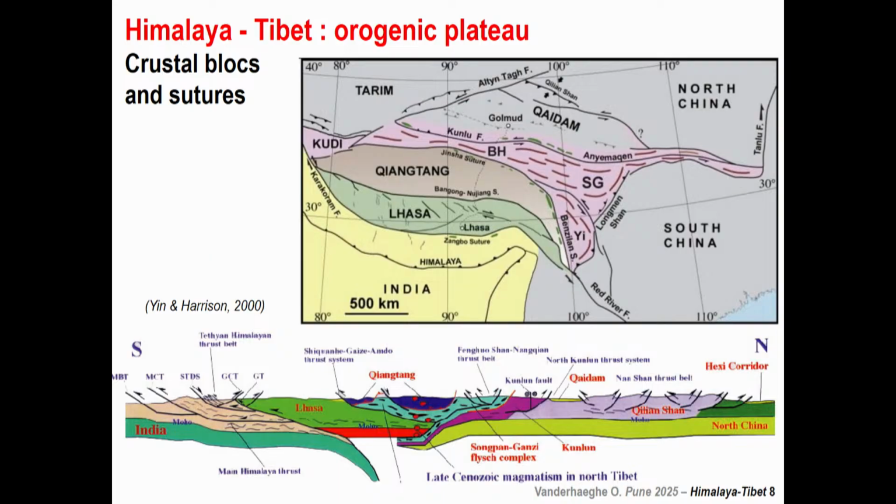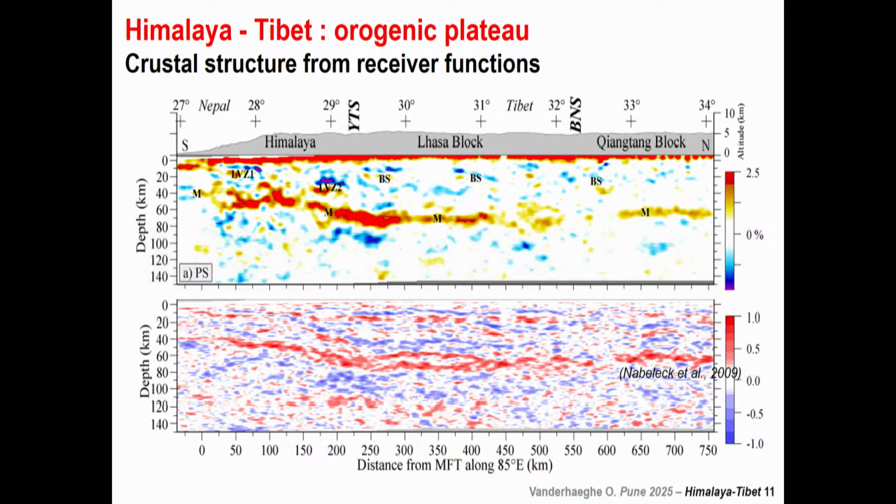You don't see such things. As soon as you reach Tibet, pretty much everything is flat, according to geophysics. So you don't see these structures that go all the way down from surface to the lithosphere, again, except here, at the front.